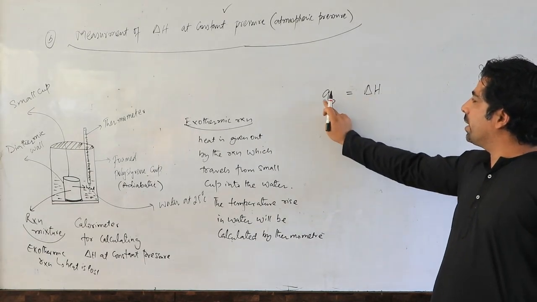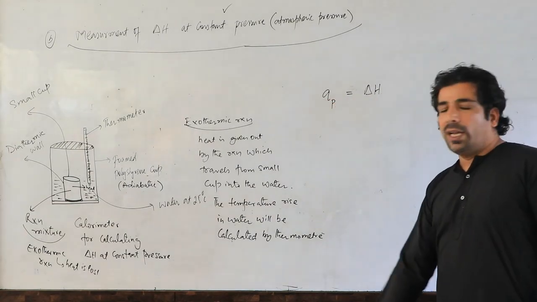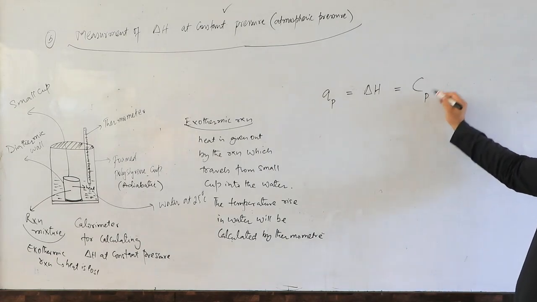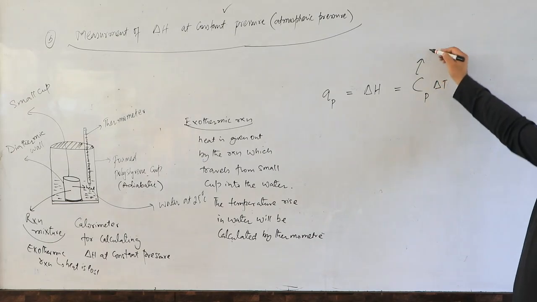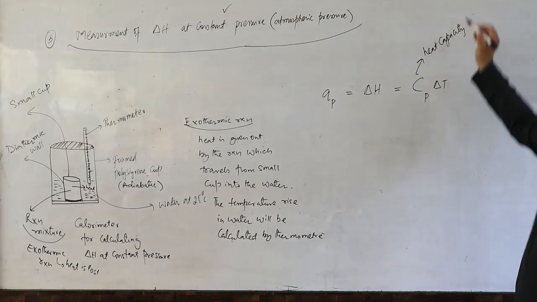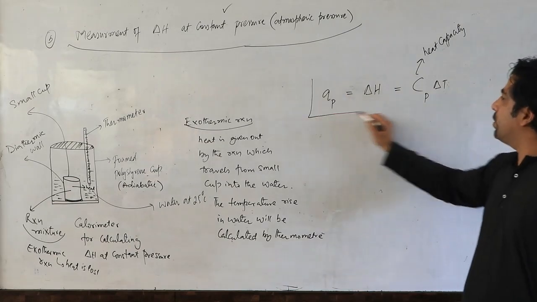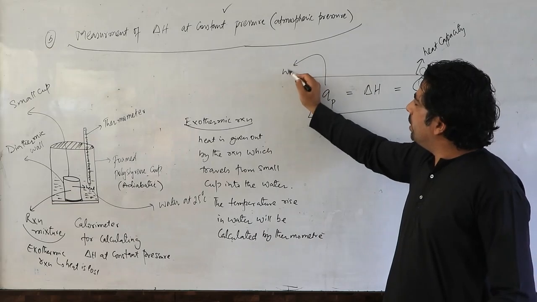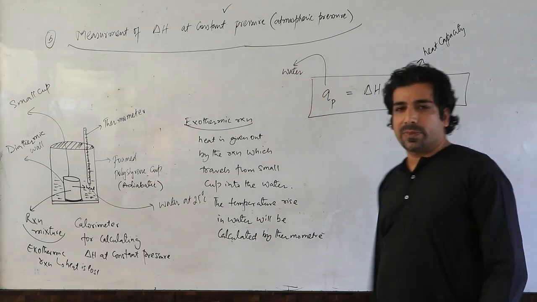And remember that QP in terms of heat capacity can be related to as Cp delta T, and this C stands for your heat capacity. So my dear friends, this will be the expression for us, and remember this is with respect to water.